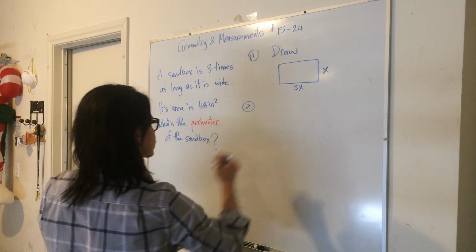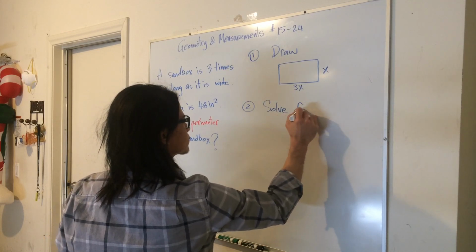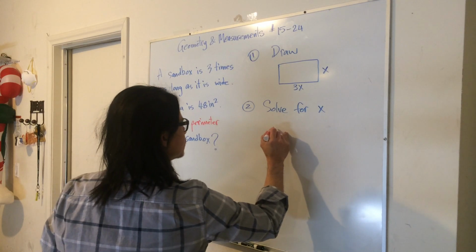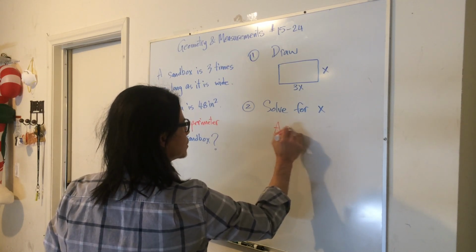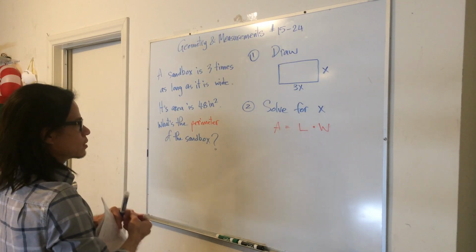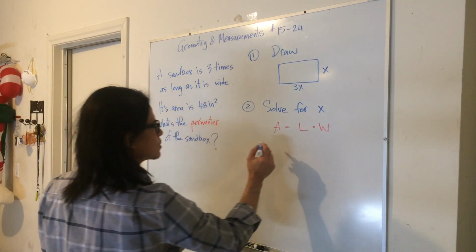So let's solve for x using the area formula. Area equals length times width. We know the area is 48 square inches.